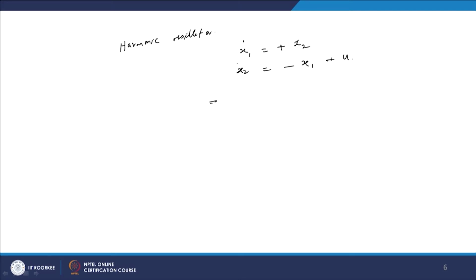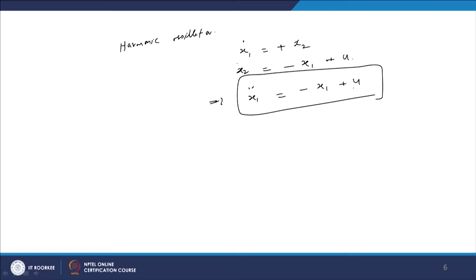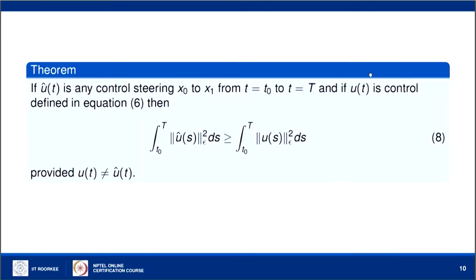So, this will imply that if you differentiate once again, we will get x1 double dot equal to minus x1 plus u. So, this is the familiar simple harmonic motion equation, with an external control u of t.